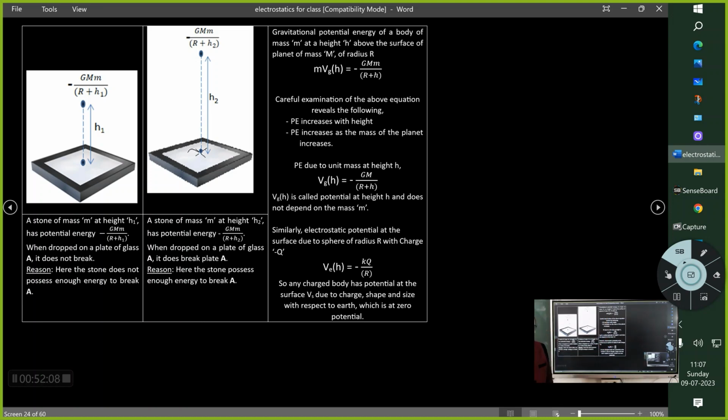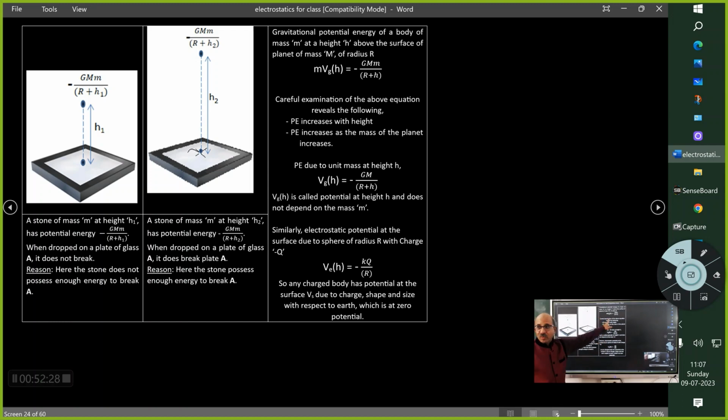Good, that's the beauty. The minus sign means Earth is pulling, that's why the minus sign is coming. If there were no minus sign, Earth would be pushing. Minus means attraction.